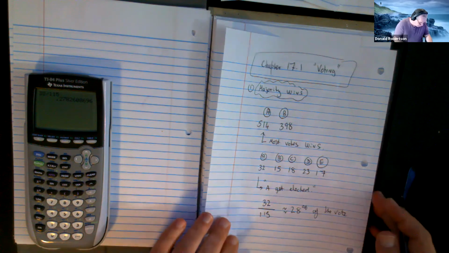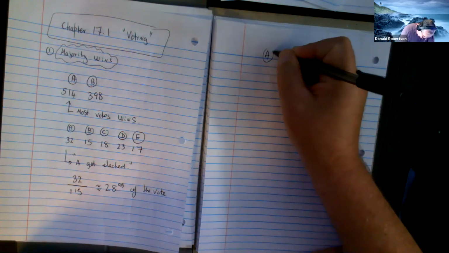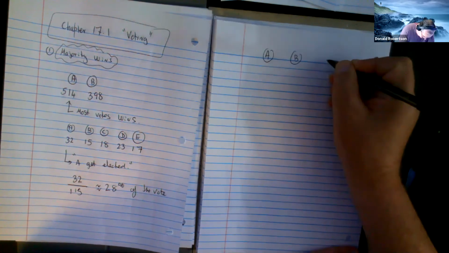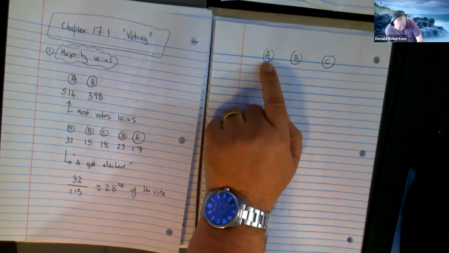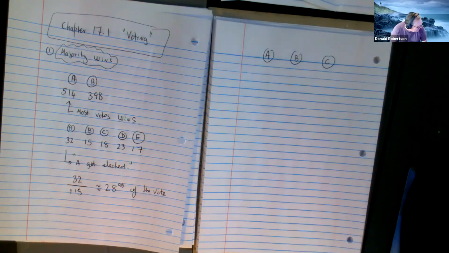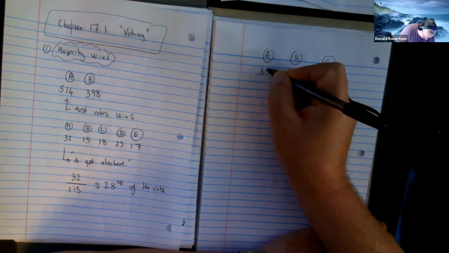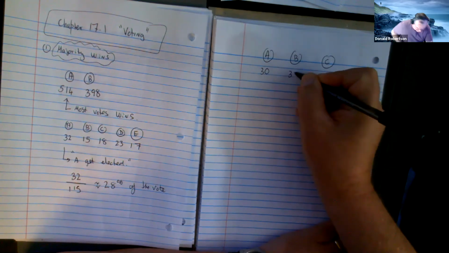So imagine this world. There are 3 candidates: A, B, and the guy C who came in, and that guy C has pretty much the same opinions as A. Maybe he says them better, maybe he looks better, maybe he talks better. This guy got 30,000, this guy got 5, and this guy got 31.